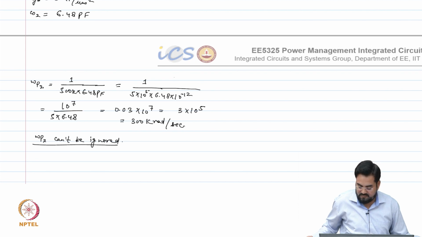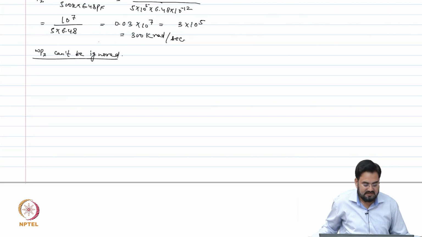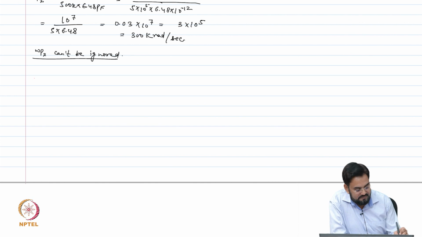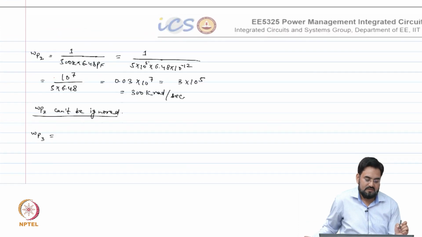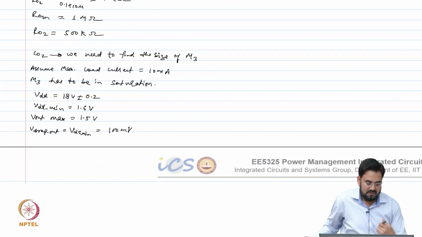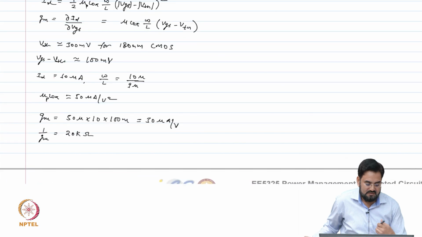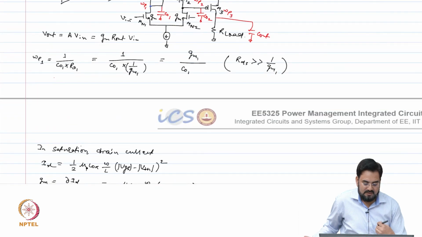Now the third pole. Where is the third pole? The third pole is the output of the pass, which is your C out.